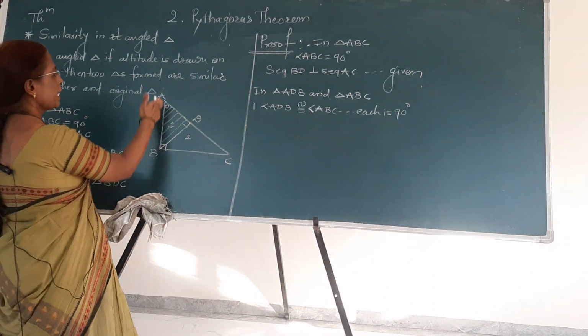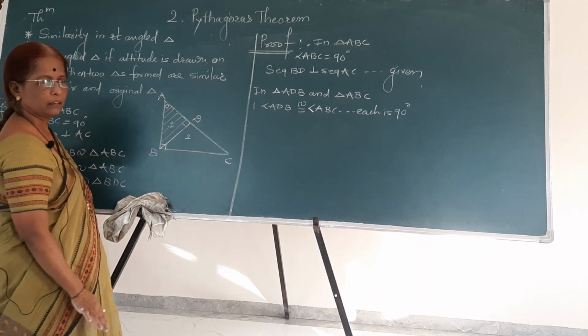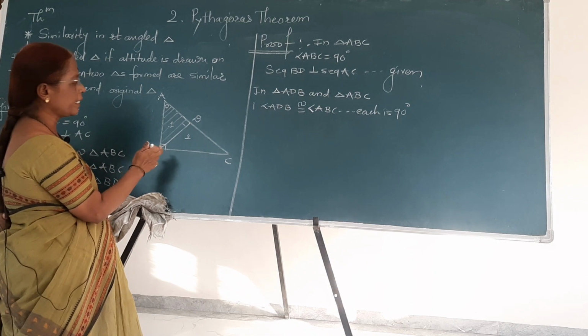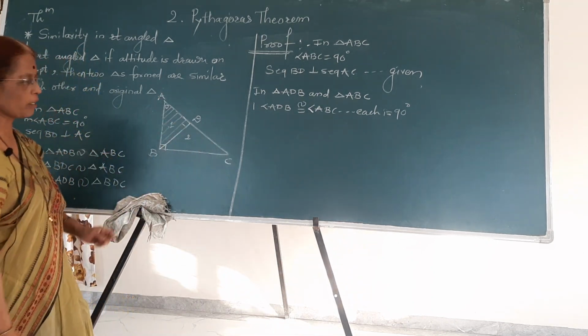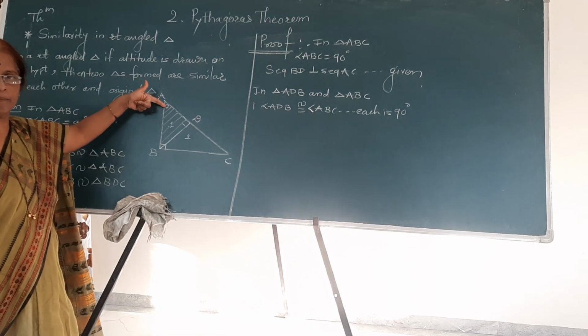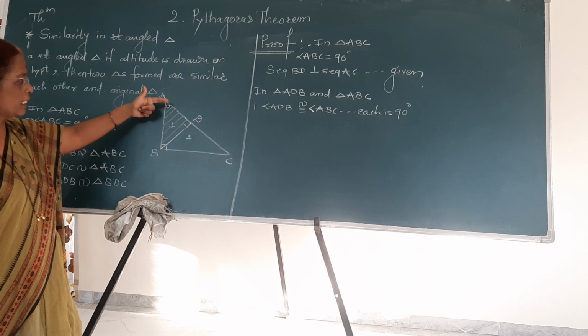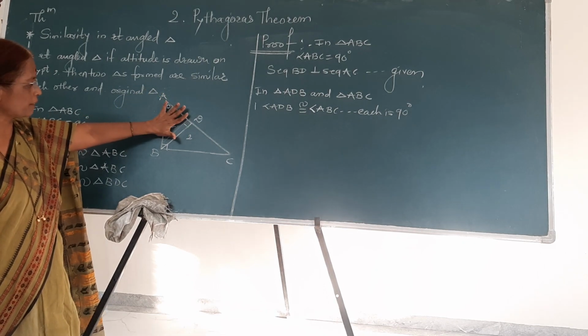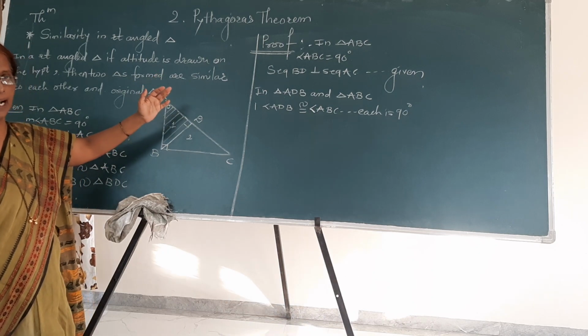Okay. Now second thing is angle A. See, angle BAD is the angle in the smaller triangle, and the same angle we can read in the larger triangle as BAC. They are not different. This is one and the same. Only the names are different. So this is the common angle between the smaller triangle and the original triangle.